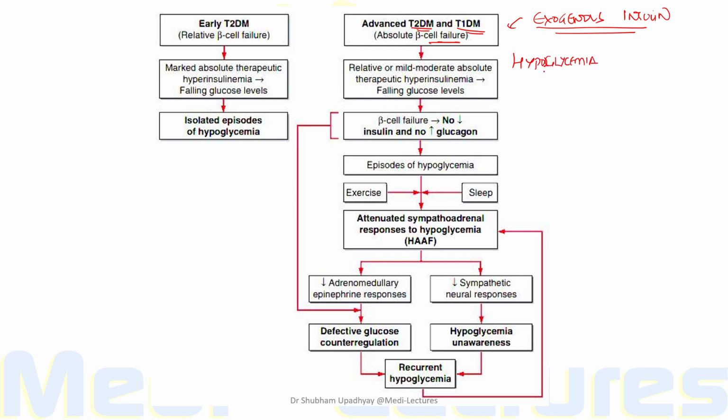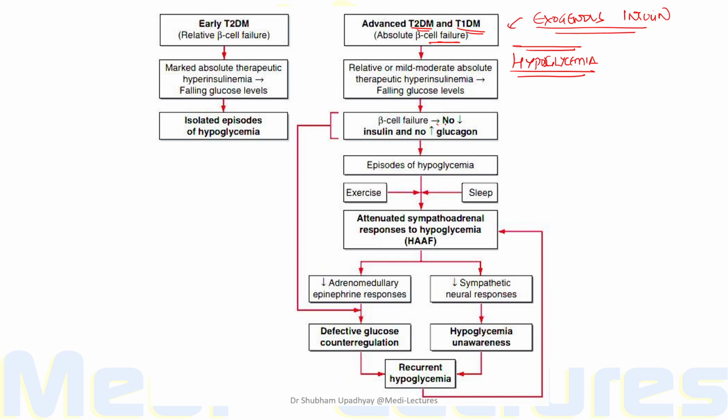Now normally, if this patient was not absolutely insulin deficient, he would have defenses like decrease in insulin, increase in glucagon, increase in epinephrine. But in this patient, beta cells are already lost. We have given exogenous insulin, so this exogenous insulin will not be suppressed. If there was endogenous insulin, there would be the first defense, that is decrease in insulin secretion.